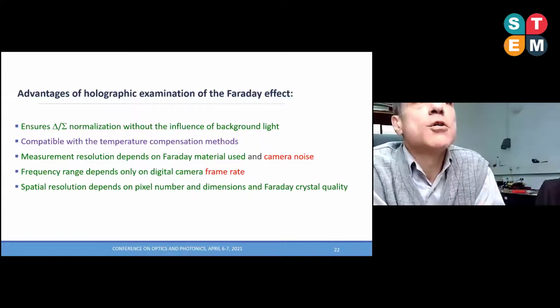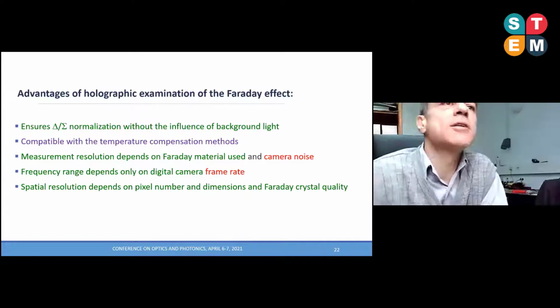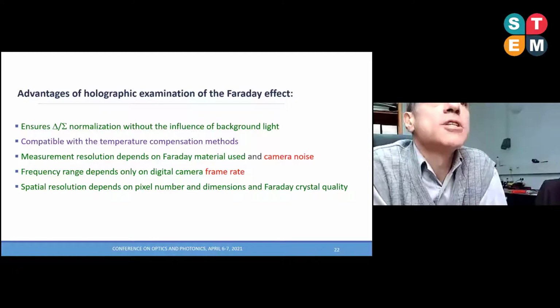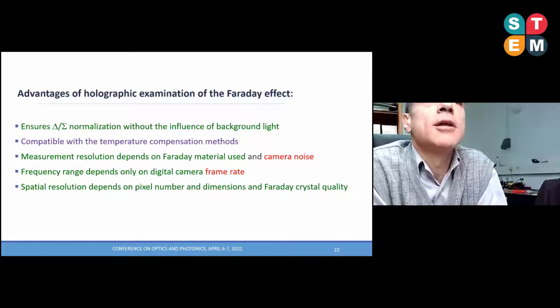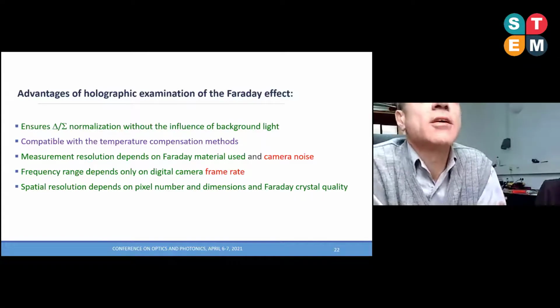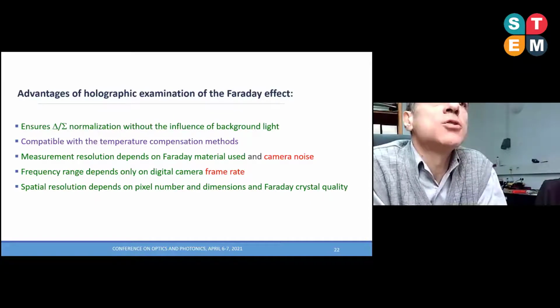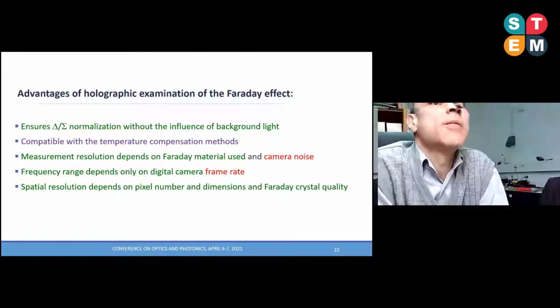About the temperature compensation, that is something we haven't proven yet, but we see no obstacles to making simultaneously a hologram in, for example, green light, and to use two wavelength interrogation to do the temperature compensation.